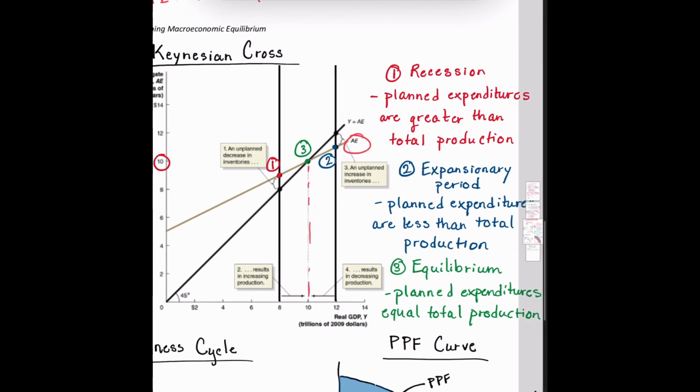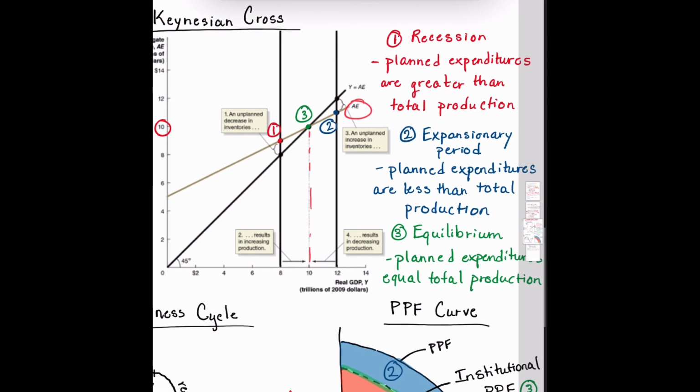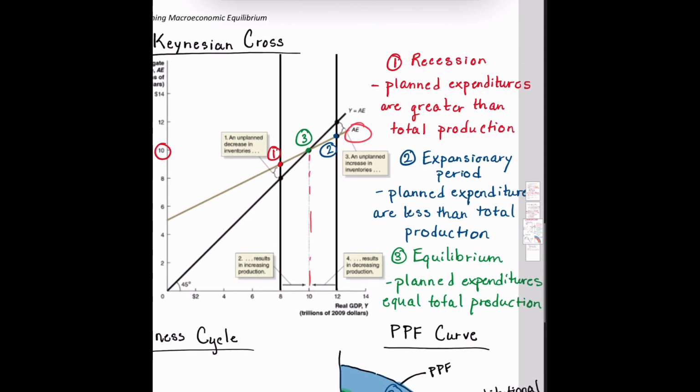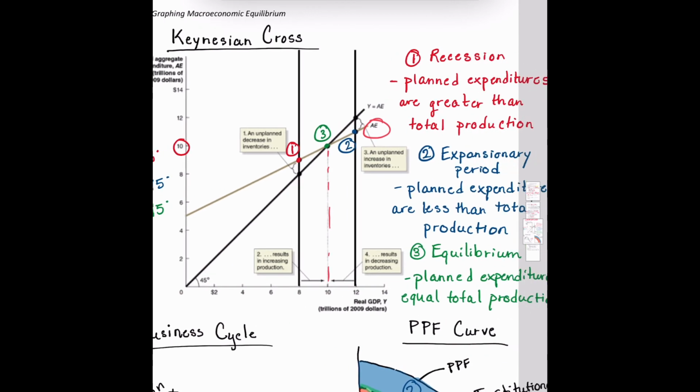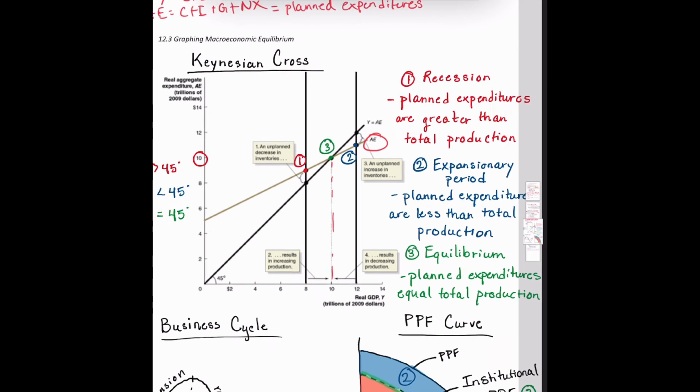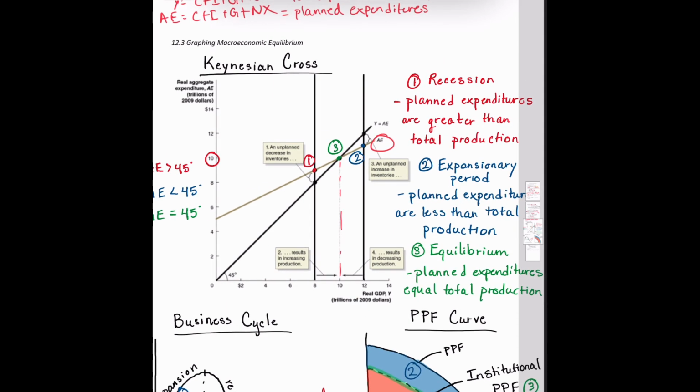So we're in a recession. Planned expenditures are going to be greater than total production. Okay, so all of a sudden, inventory is starting to stack up. People aren't buying as many things. Our planned expenditure is greater than our total production here.